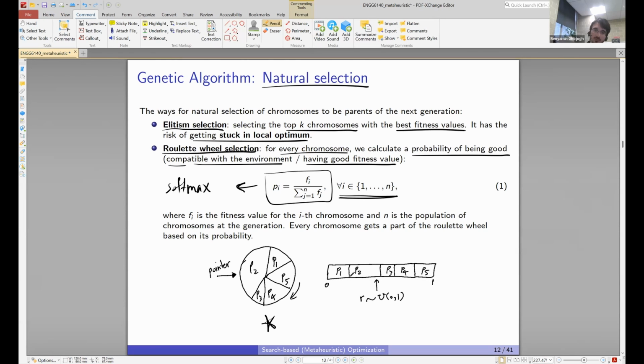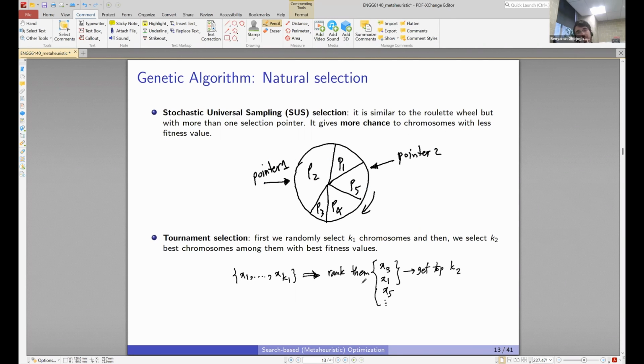The ones which have more probability take more portion in this range, and then we create a random float number, uniform random between 0 and 1. Wherever it lands, it will select that portion. Of course, the chromosome with a larger portion has higher chance to be selected. Okay, right? This is another way to select the parents.